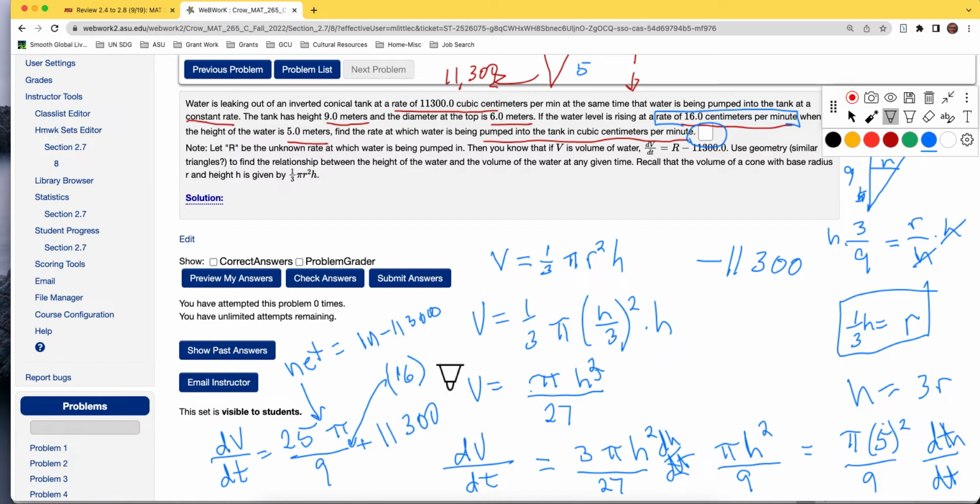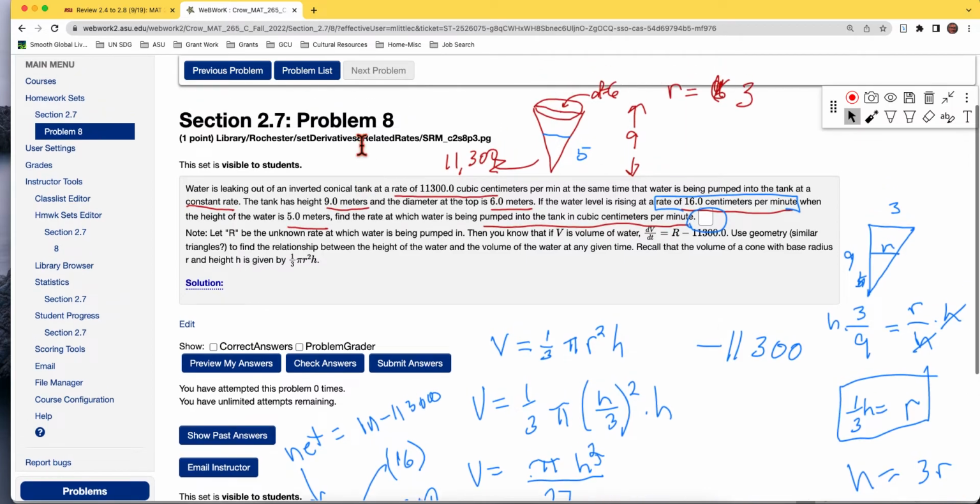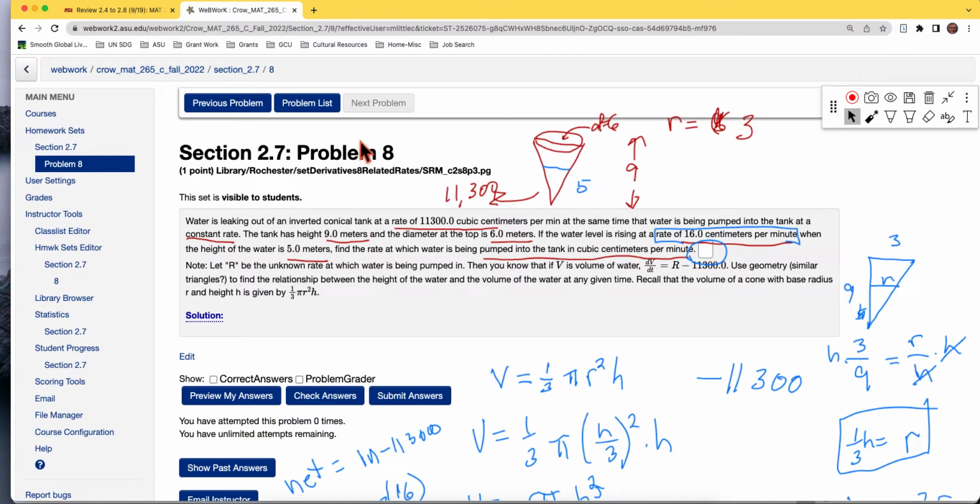Yes? Can you do number 6 on 2.8? I just didn't know how to solve something like secant squared of x, like can you put a value in? Okay.